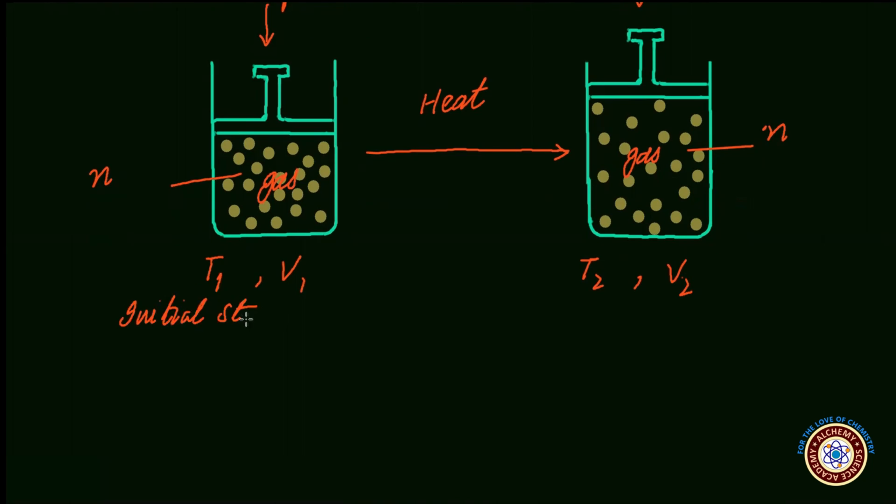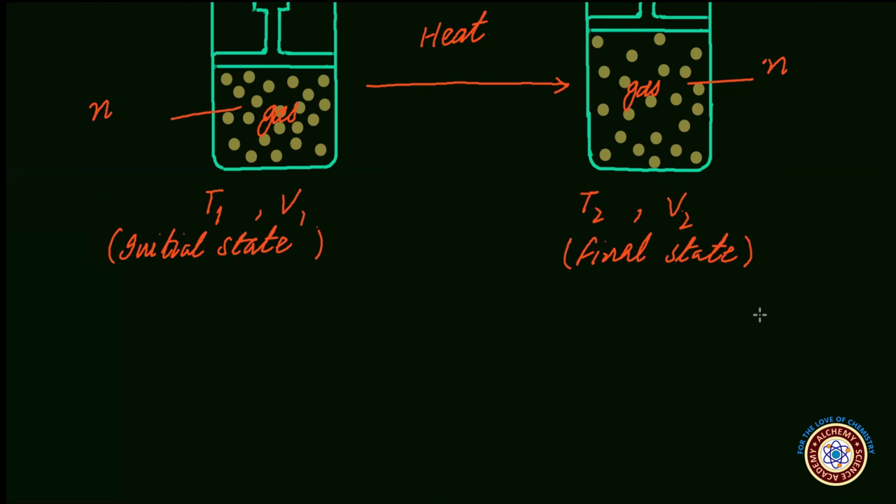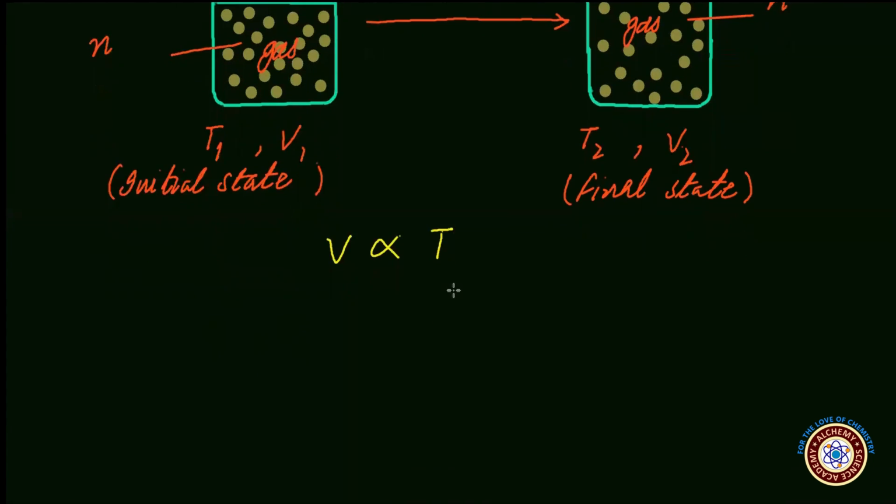This is the initial state or initial condition of the gas, that is before the change had happened, and this is the final state or final condition of the gas after the change has taken place. So from this observation, it can be written that the volume of gas is directly proportional to absolute temperature when the number of moles and pressure are constant.